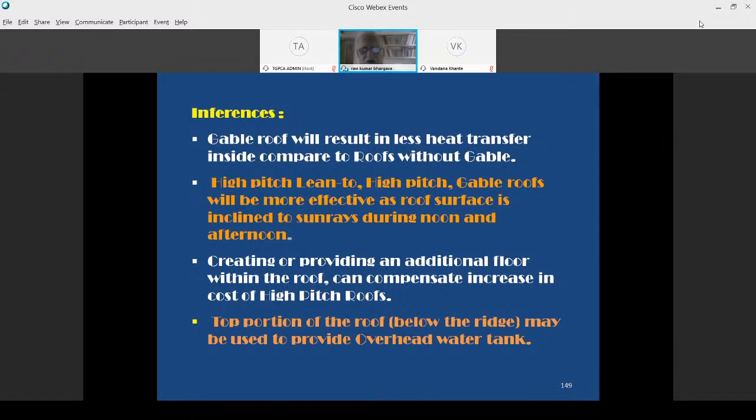All these measures, or you can have continuous shading devices, at little level or at other level. All these measures will result in shading of quite a large surface area.